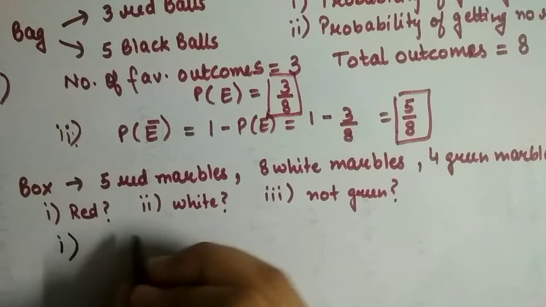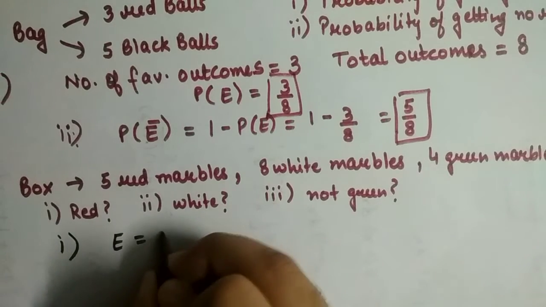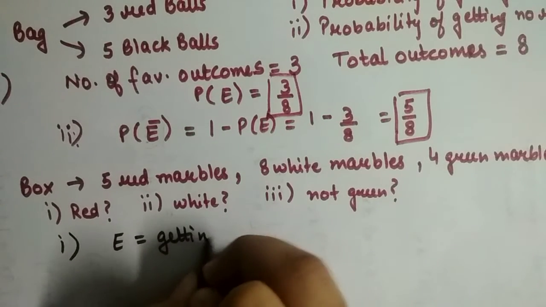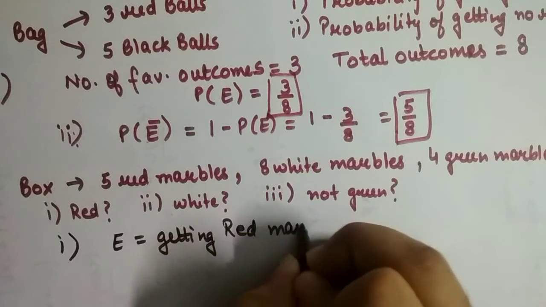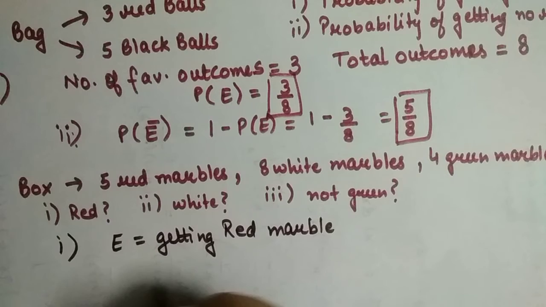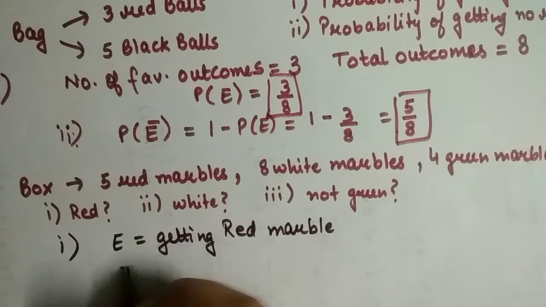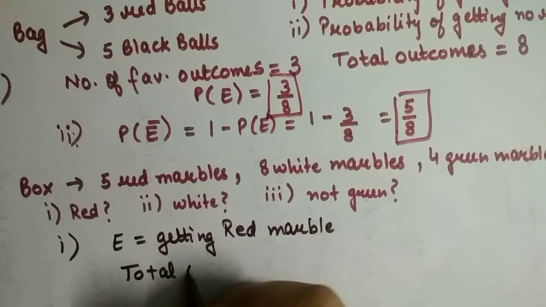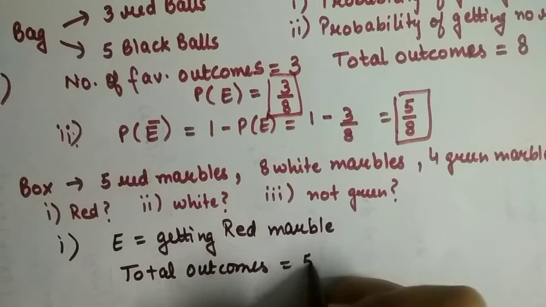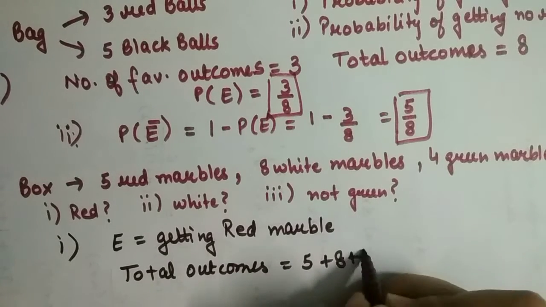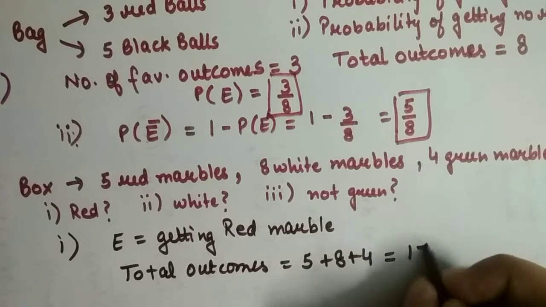So our event is getting a red marble, and the total number of marbles in the box are the total outcomes. It is 5 plus 8 plus 4, it is 17.